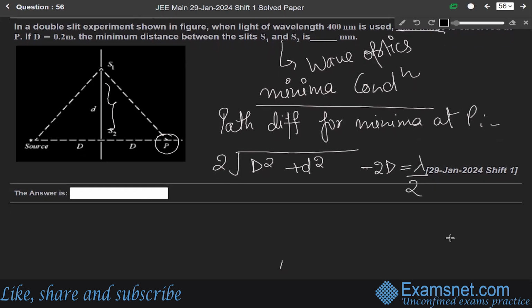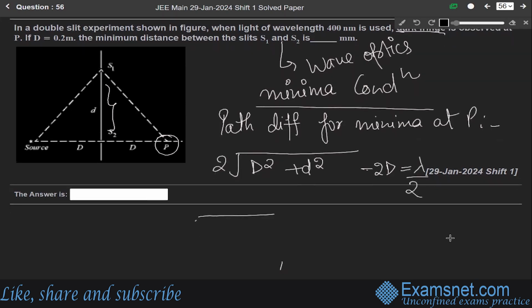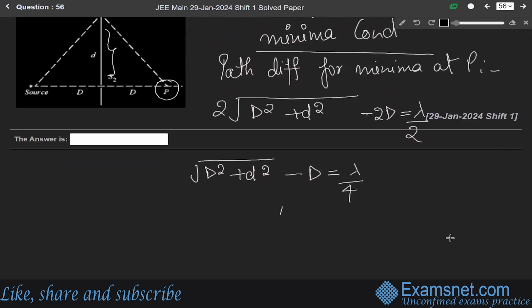Now taking 2 common, under root of D square plus d square minus D will be equal to lambda by 4. Now, under root of D square plus d square will be equal to lambda by 4 plus D.